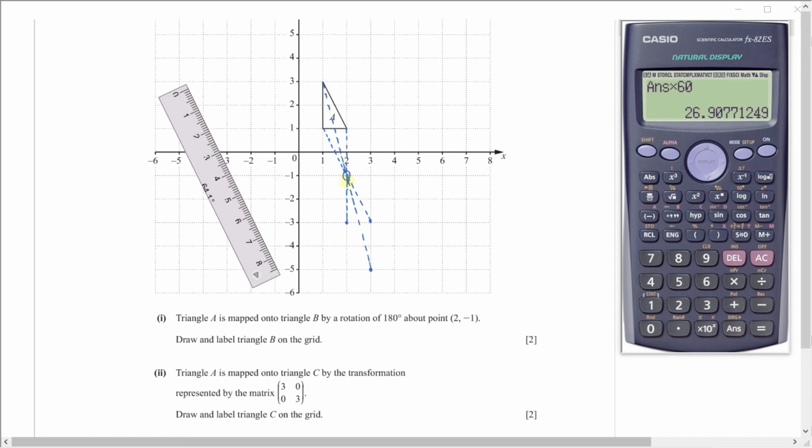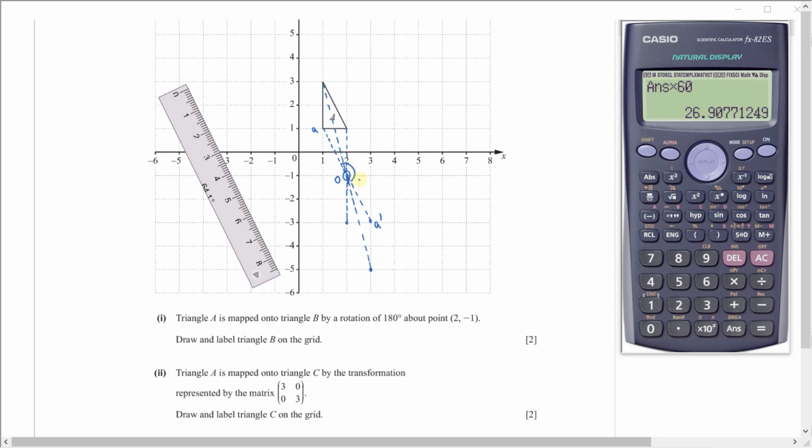All these lines, the line connecting the image with the center of rotation and the line connecting the original object with the center of rotation, will make a 180-degree angle. If you take any of these points, let's call this A. It's mapped onto this A prime, right? Let's call this center O. So OA and OA dash will make this angle, which is 180 degrees.